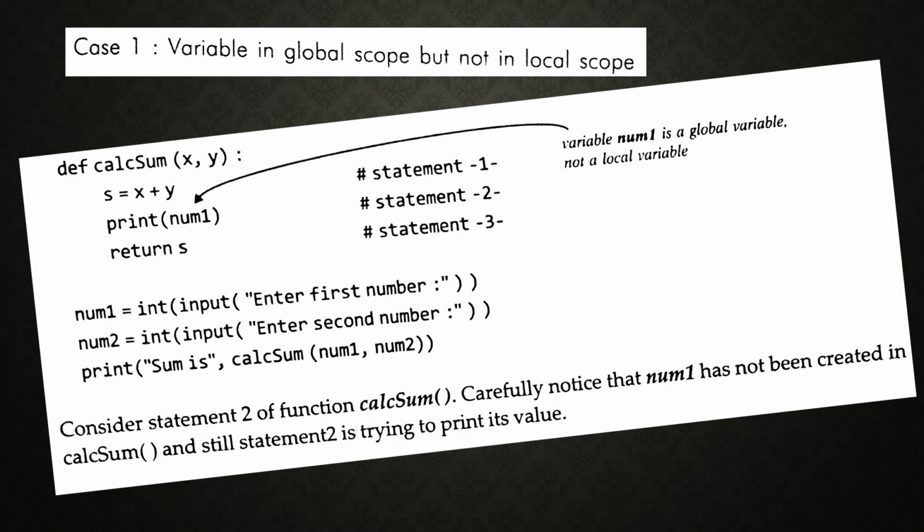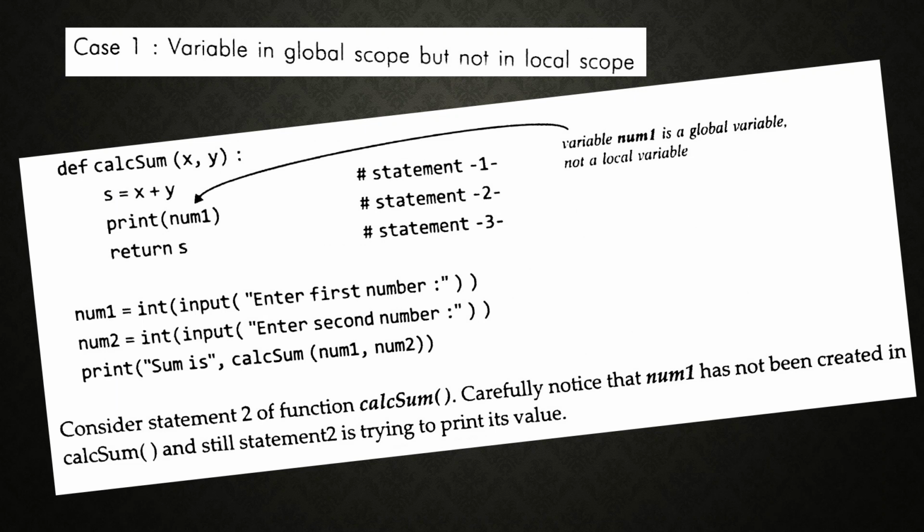Definition calculate_sum(x, y): s equal to x plus y, and print num1, return s. And num1 equal to something, num2 equal to something, and print calculate_sum(num1, num2). Here num1 and num2 are global variables.